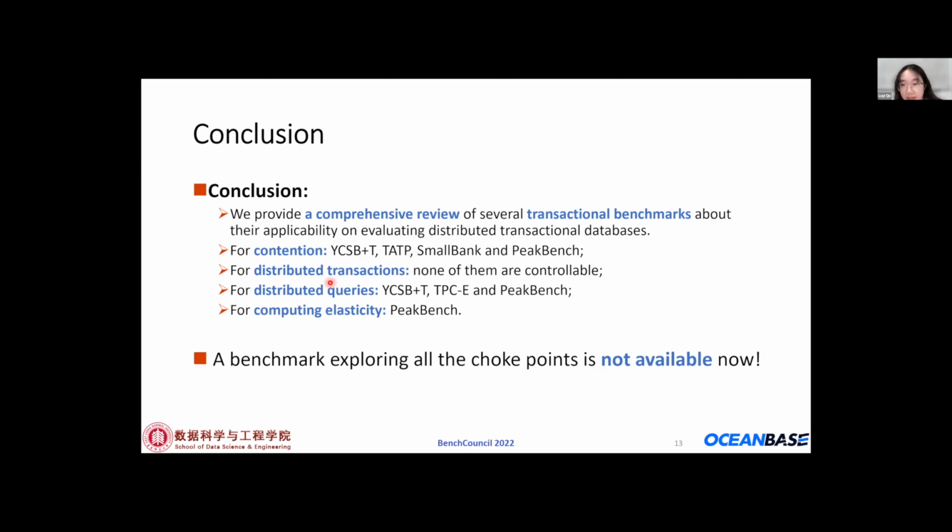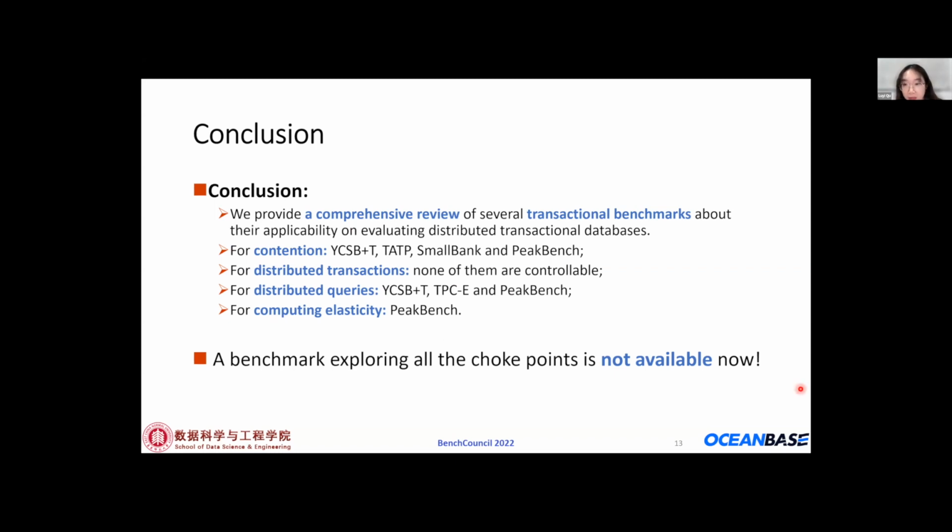For distributed transactions, none of them can control the ratio of distributed transactions and the number of spanning nodes. For distributed queries, users can use YCSB+T, TPC-E, and T-bench. For computing elasticity, T-bench is a good choice.